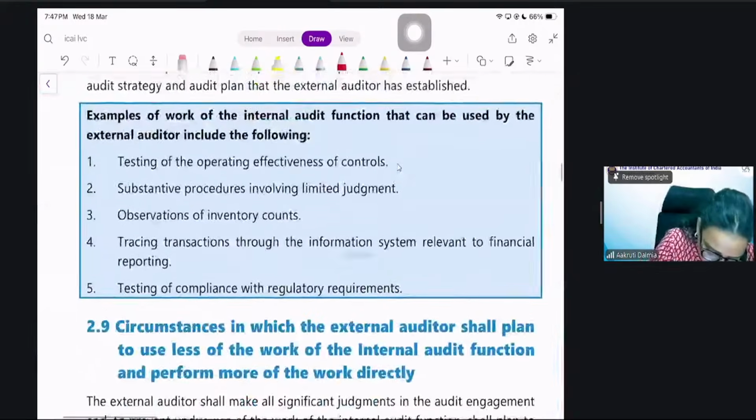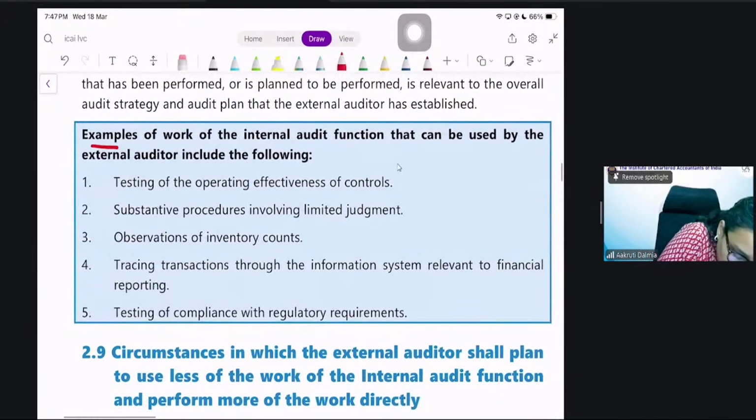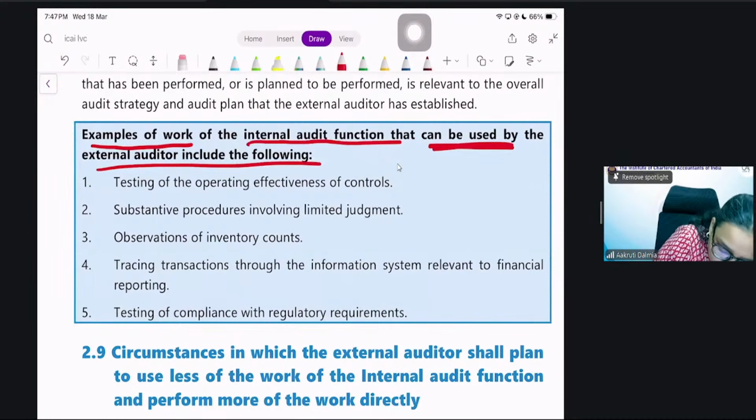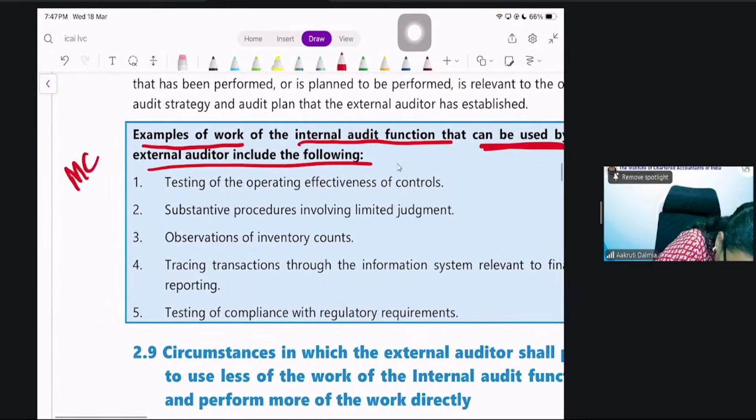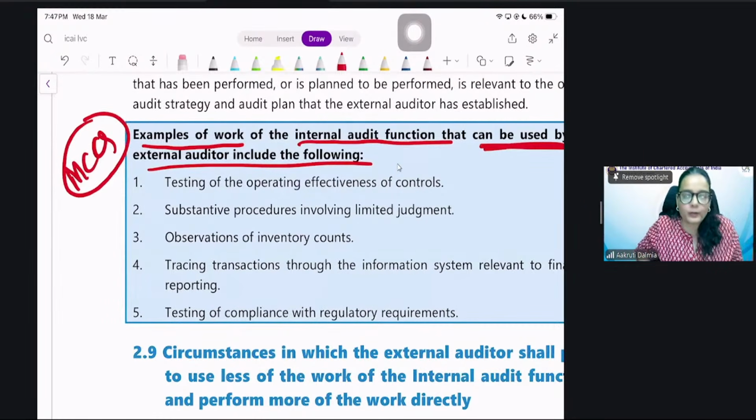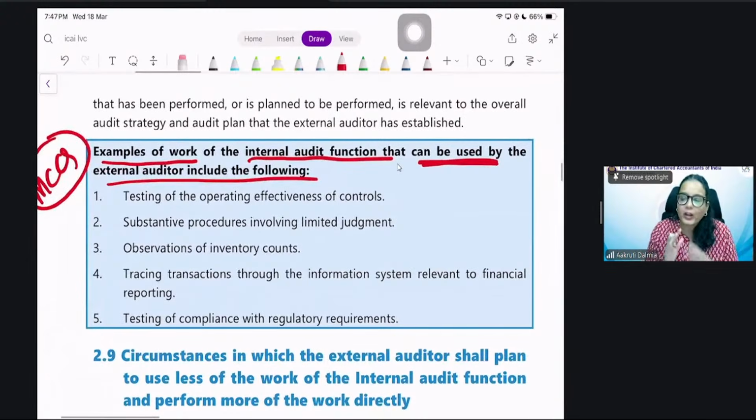Then come to this. Examples of work of the internal audit function that can be used by the external auditor. Remember this for MCQs. Please remember this for MCQs. Any confusing MCQ can come from this. So what kind of areas can we use internal audit work in?